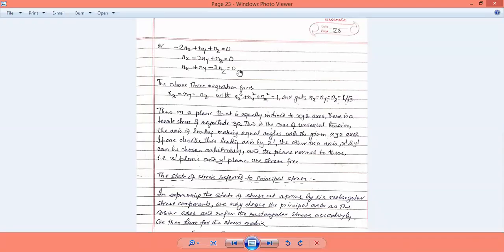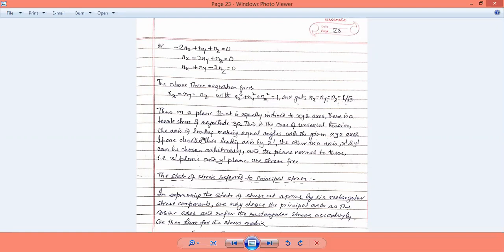From these equations we see that nx, ny and nz are all equal, and all are equal to 1 by square root of 3. Thus, on a plane that is equally inclined to the x, y, z axes, there is a tensile stress of magnitude rho, which is the case of uniaxial tension.